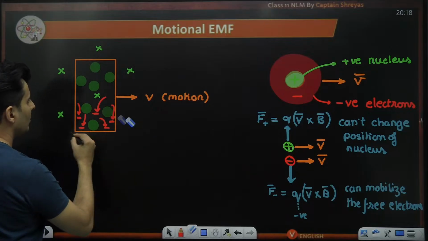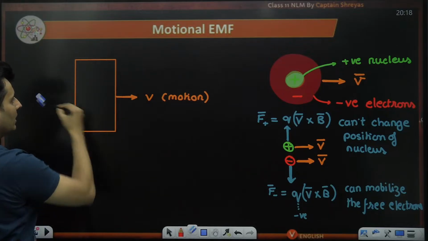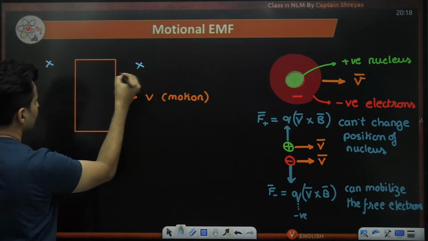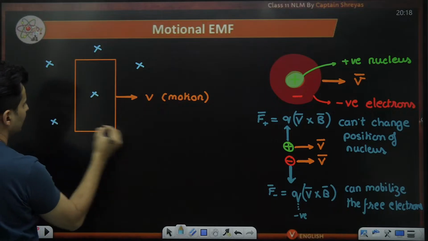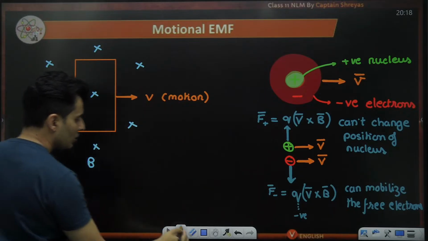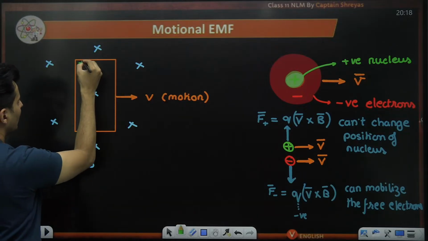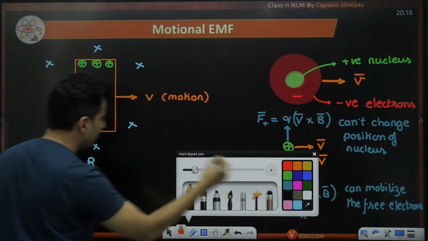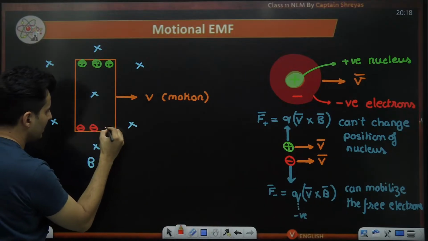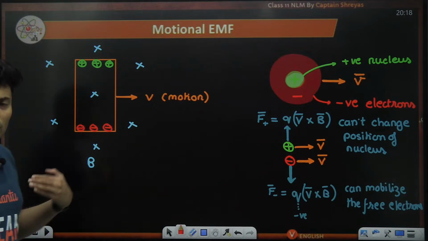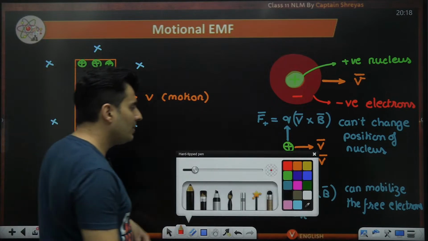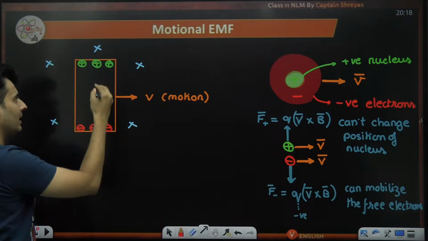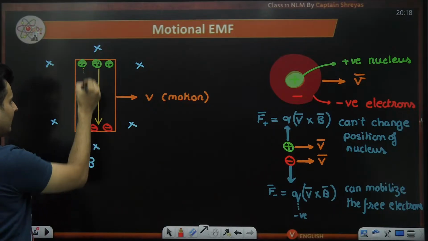Indirectly because of this. Okay. Yes, the magnetic field is inside like this. So this side will become positively charged, and this side will become negatively charged. Because of this, there will be an electric field created within the conductor from this side to this side.